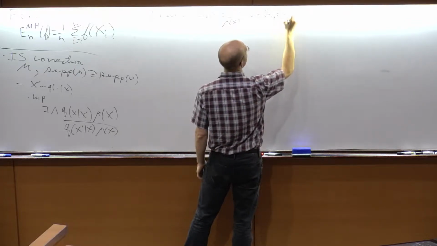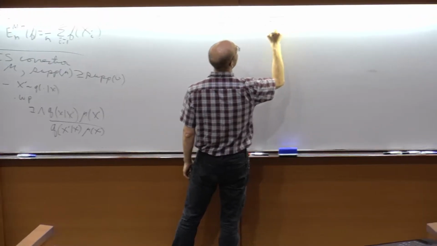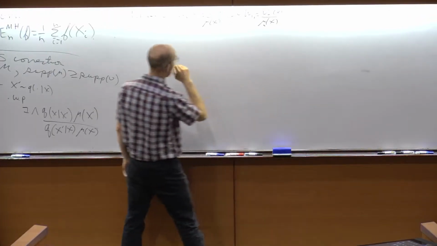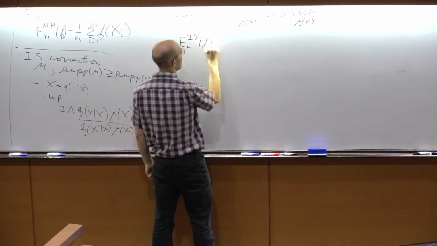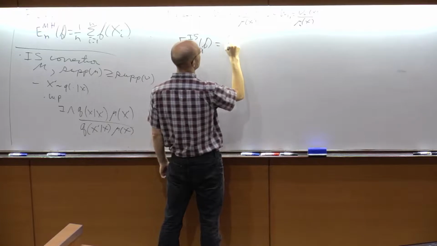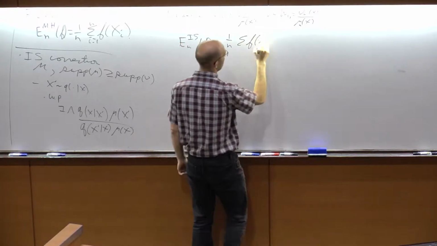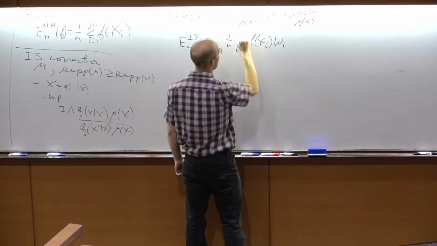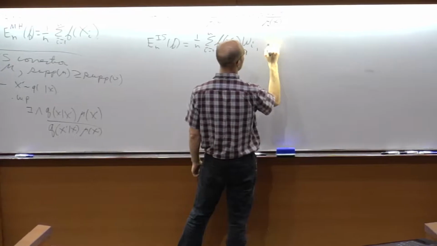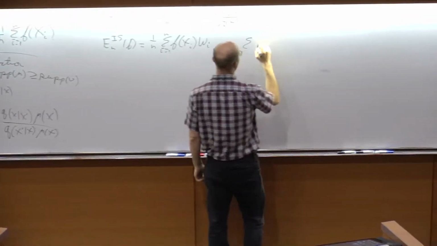This is equal to nu, some unnormalized version, and then we form the estimator, an estimator like this, or if it's a self-normalizing estimator.